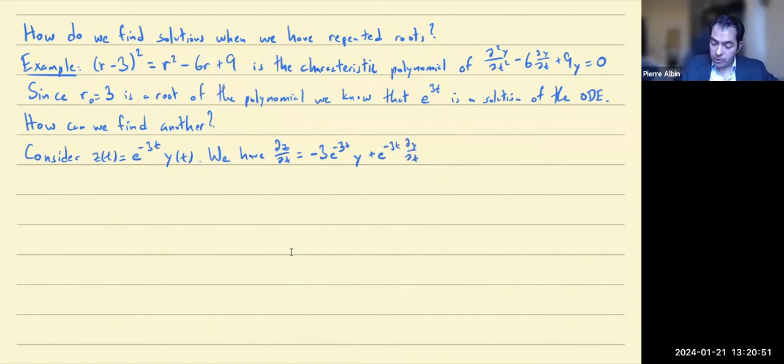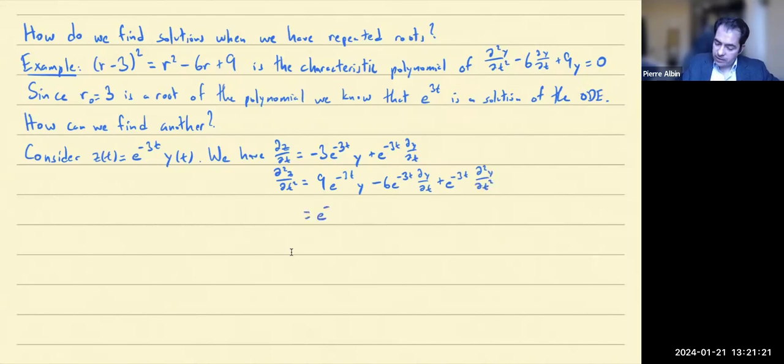plus e to the minus 3t times the derivative of y with respect to t. Now I don't really know much about the derivative of y with respect to t. What I know about is the second derivative. So let's go ahead and compute the second derivative of z. From here, we would end up with 9e to the minus 3t y minus 6e to the minus 3t dy dt plus e to the minus 3t second derivative of y with respect to t.